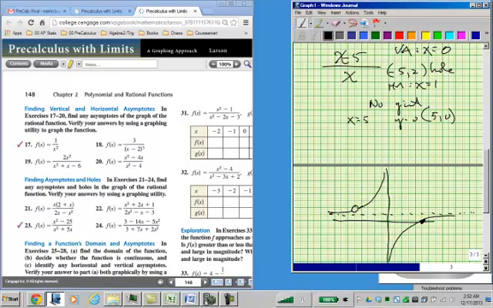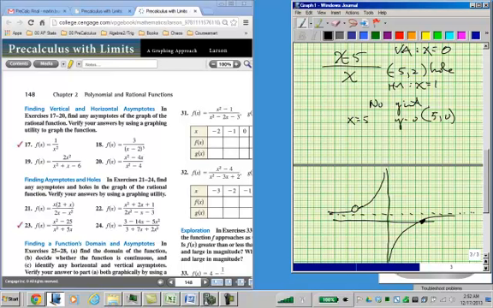Okay. Now I hope this clears things up for you. You have a hole versus an asymptote when you have a factor in the denominator and a factor in the numerator that cancel each other out. That creates a hole.